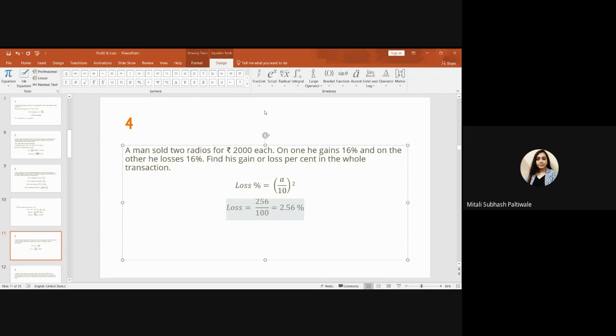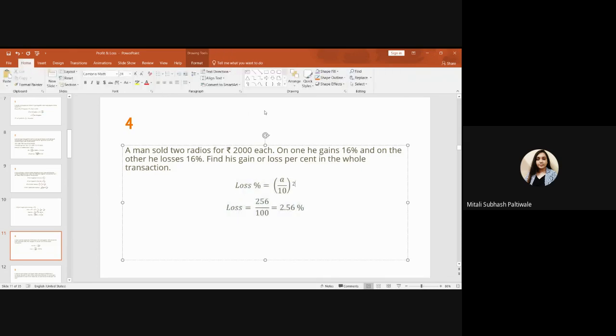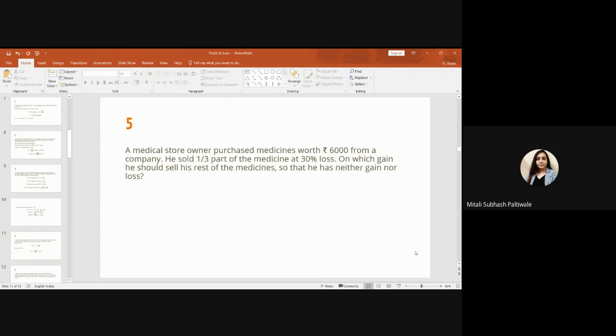Okay, 2.56%. Here I'll be writing one more thing, which is, here A is equal to 16 percentage. Okay, now you can just consider this one. Okay, now let's move a little more ahead and look at this one.